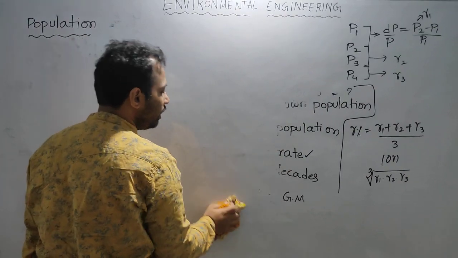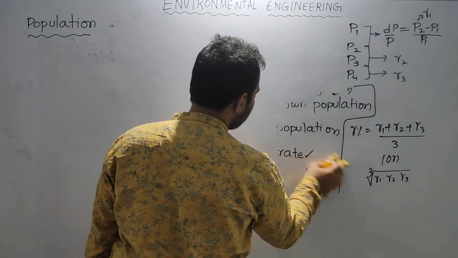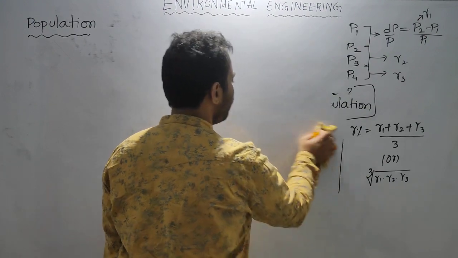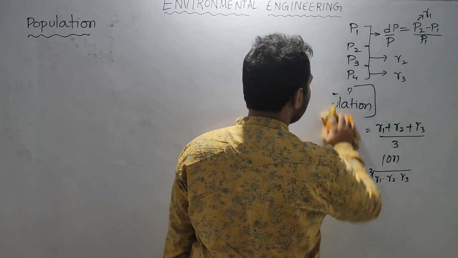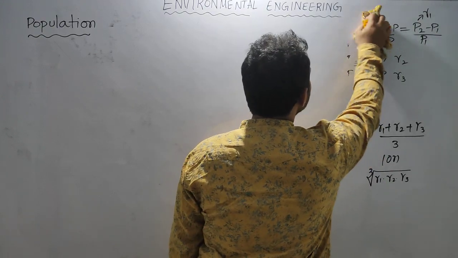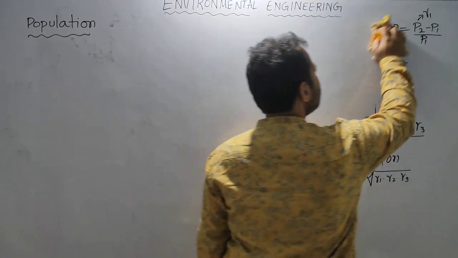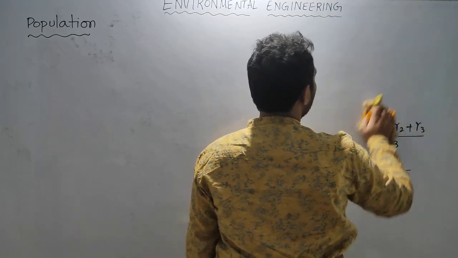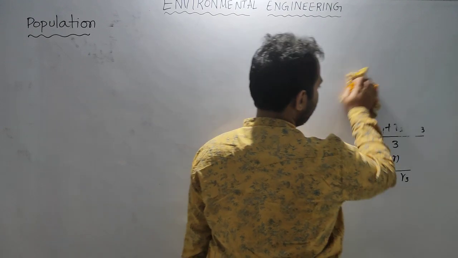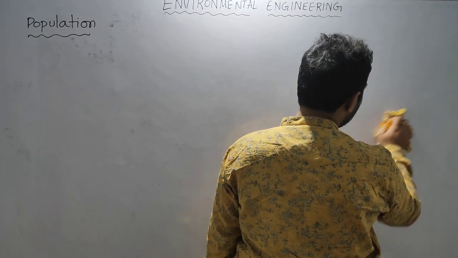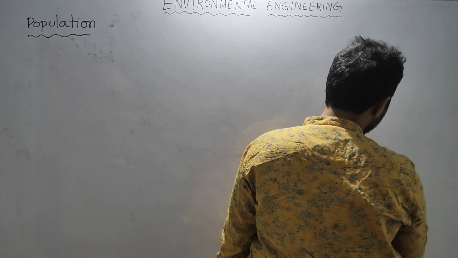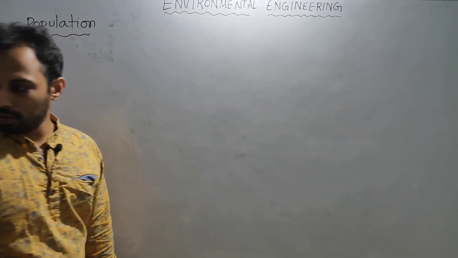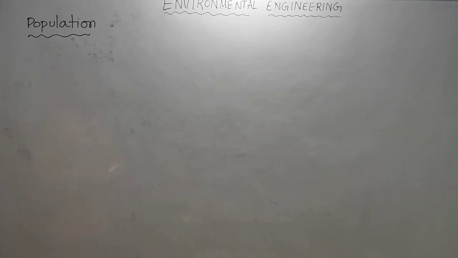In that case, we cannot apply the arithmetic or geometric mean. When the curve is not taking a proper shape, we use the incremental increase method, where the growth rate is increasing and decreasing; there is growth, but the growth rate is not constant. Growth rate is varying.